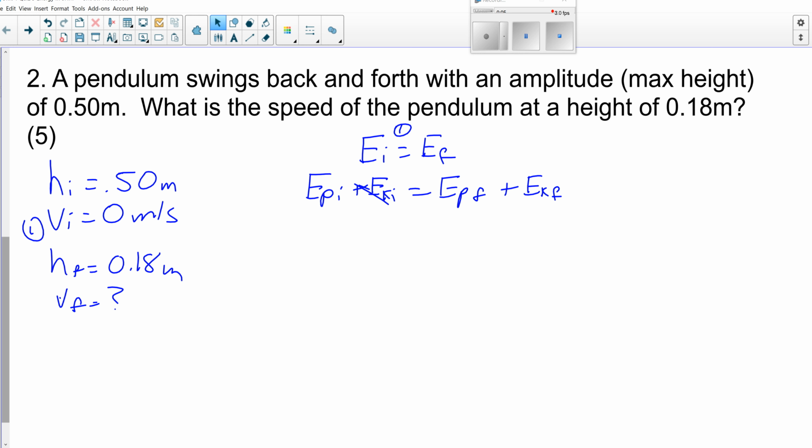We don't have any initial kinetic energy. We are looking for the final speed, so I'm going to subtract EP final over here. So EP initial minus EP final should equal EK final.